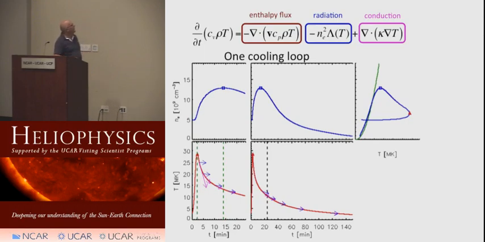It starts off at a couple of megakelvin, goes up not quite to 30, nice temperature. This is where the heat is being injected. This is where that heat is driving evaporation. In this model, it is driving it entirely through thermal conduction. It is transferring heat from the top to the bottom, and so the top is getting colder and the bottom's getting hotter. So you see the temperature drop there.